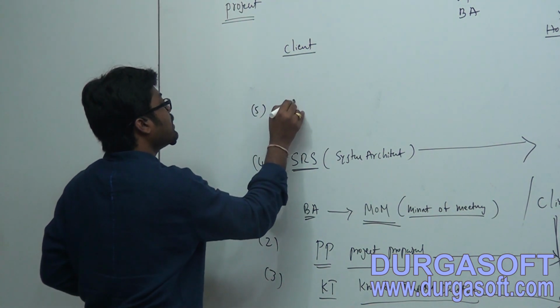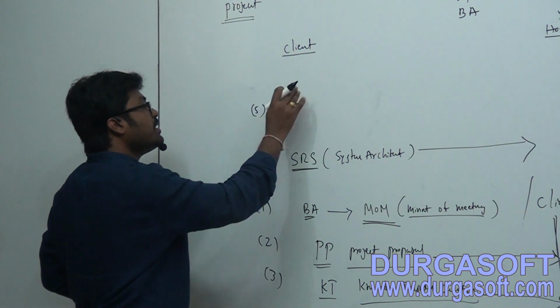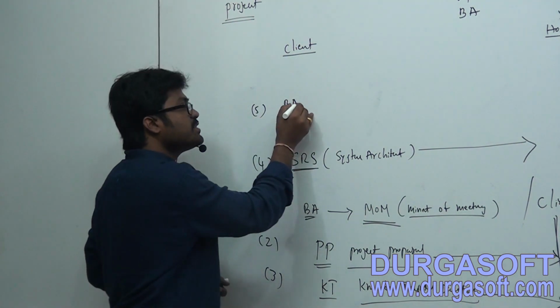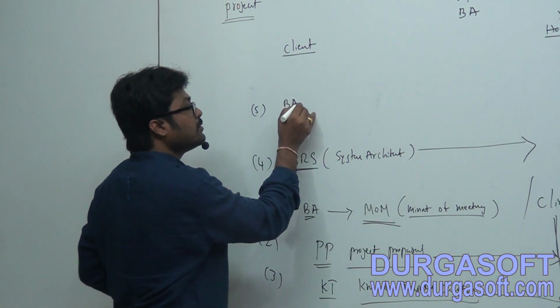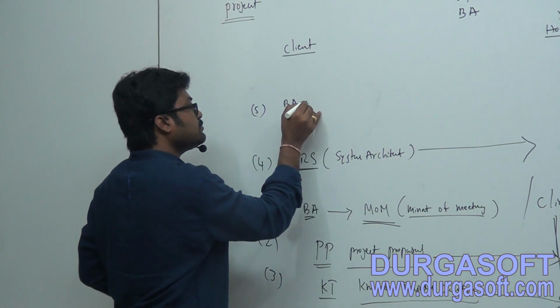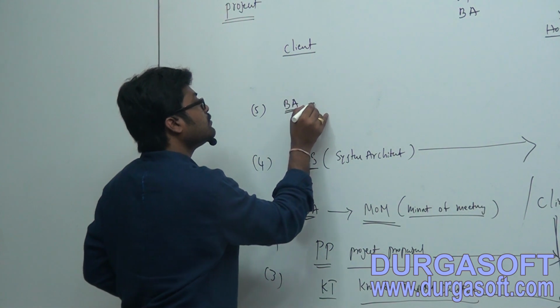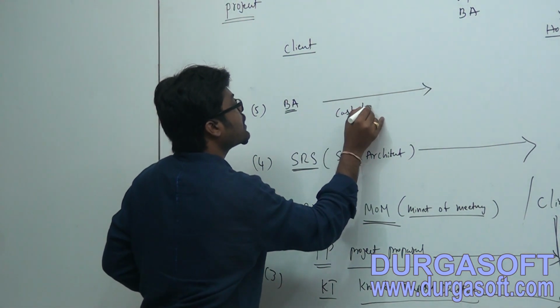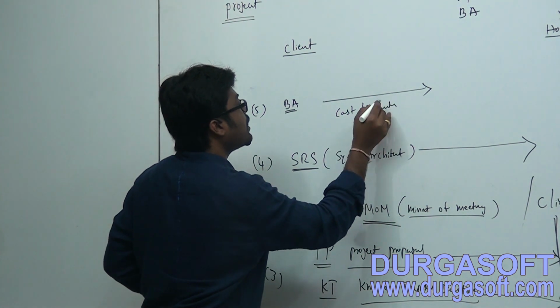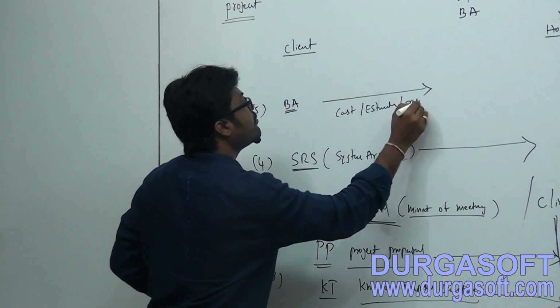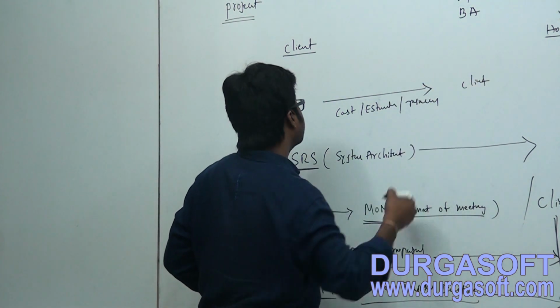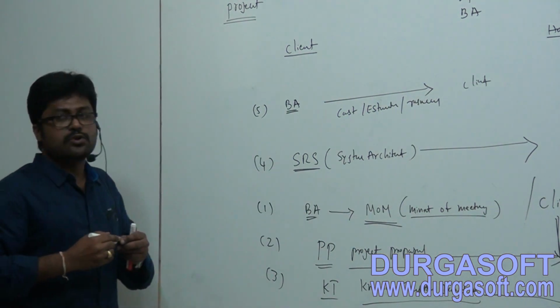Finally, the BA will propose the project cost and estimations. Again, the business analyst will propose the cost and estimation, the cost and the number of resources they require.